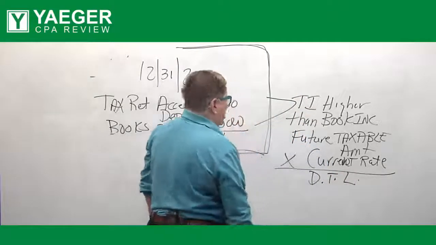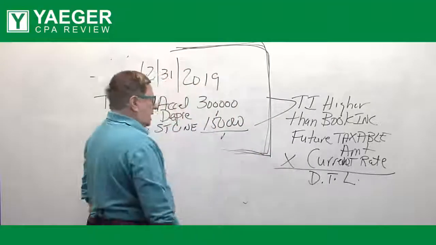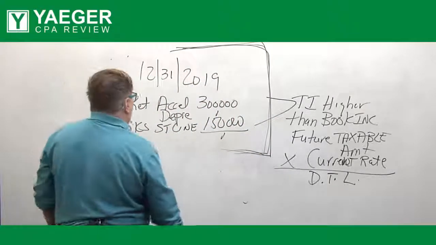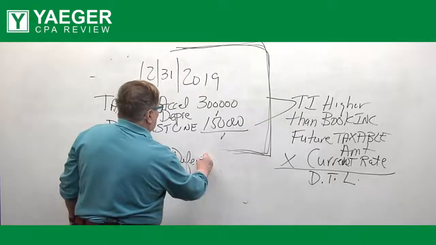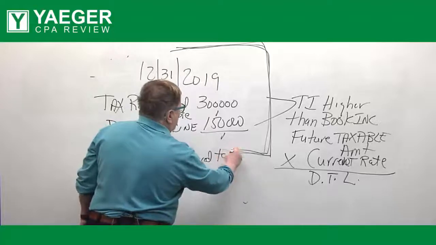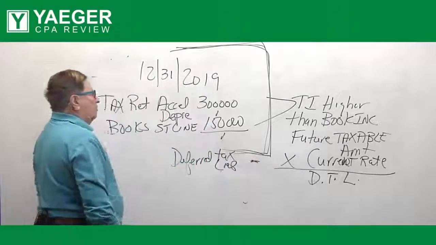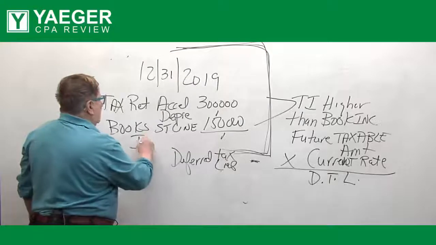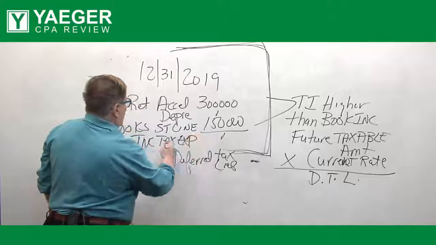You're going to record that deferred tax liability at the end of 2019, and what you're going to do is credit deferred tax liability, whatever it is, and the plug is to income tax expense deferred.